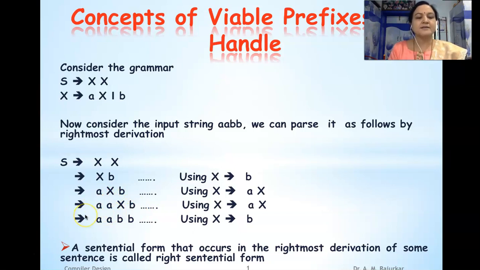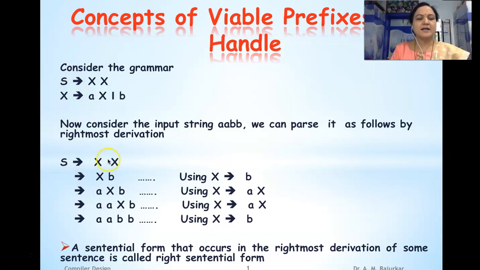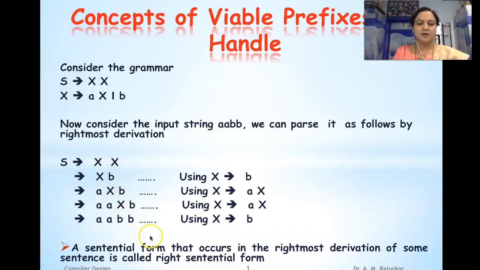Again scan the right hand side of the production from right to left, since this is a rightmost derivation, and this X is now substituted by B because we have a production X tends to B. So using X tends to B, now you can see that we have successfully parsed AABB by expanding the start symbol of the grammar S initially with XX and then substituting all other productions.